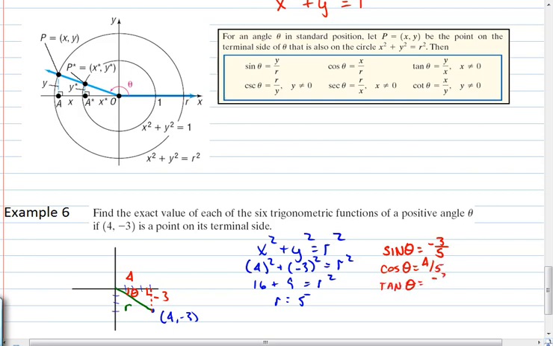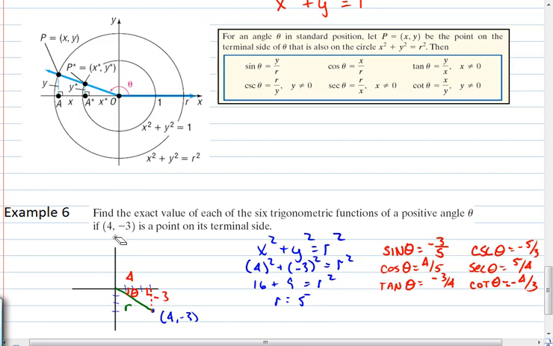Tangent, -3/4. And if you know cosecant, secant, and cotangent are reciprocals, we can find these rather easily. Cosecant is -5/3. Secant is 5/4, and cotangent is -4/3.